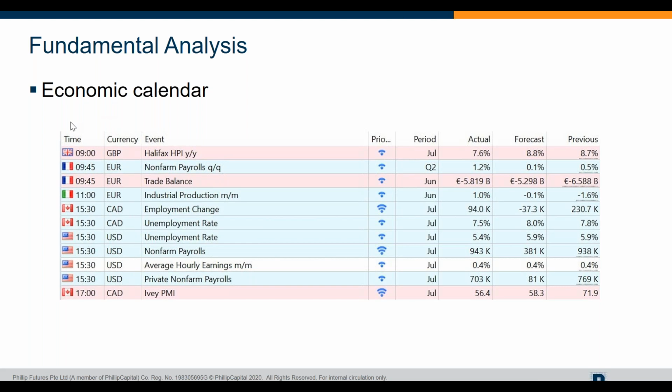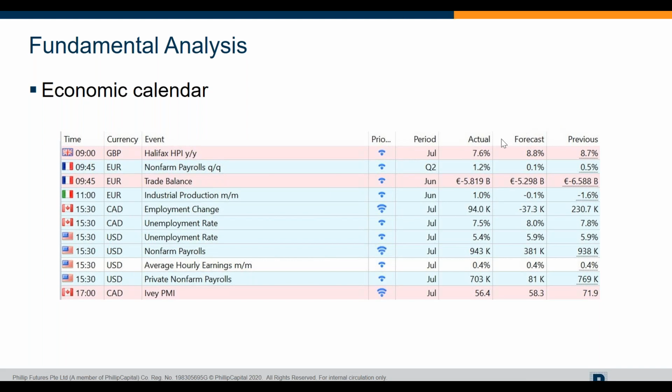So in this case, you can see the event right here, like the employment change, a non-farm payroll, and the currency that it affects. On here, you can see the priority. The higher the priority, the higher likelihood that it will have a large impact on the price. So people normally pay attention to the ones that are high priority.